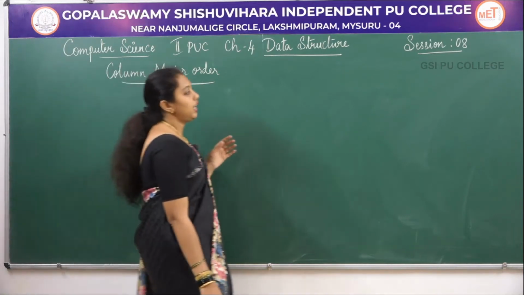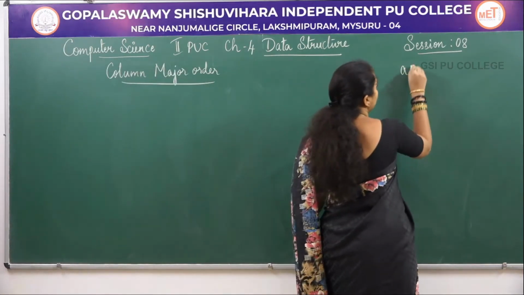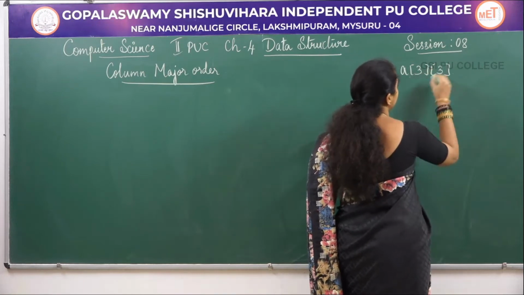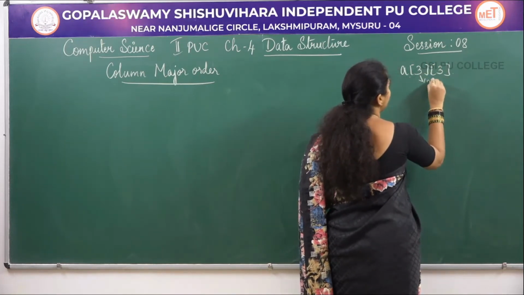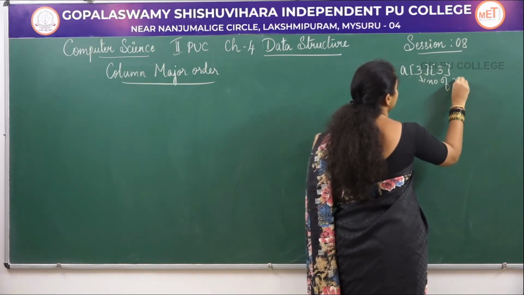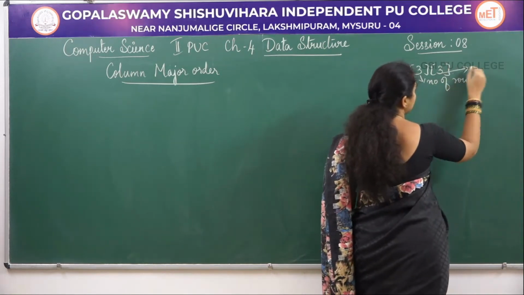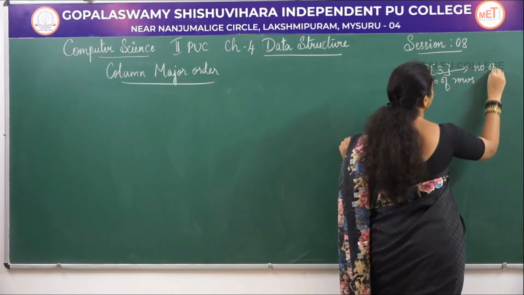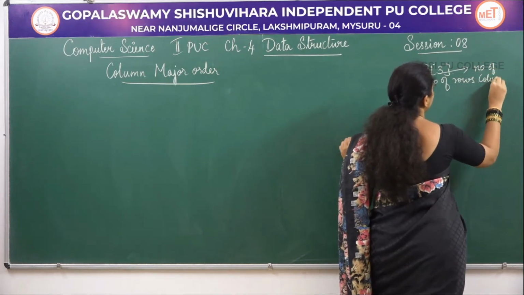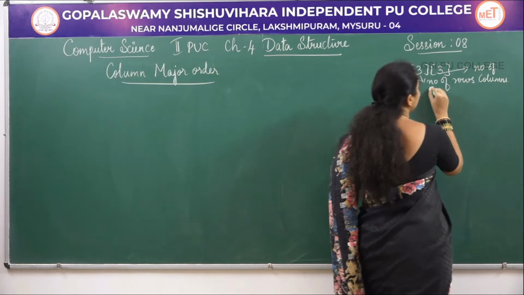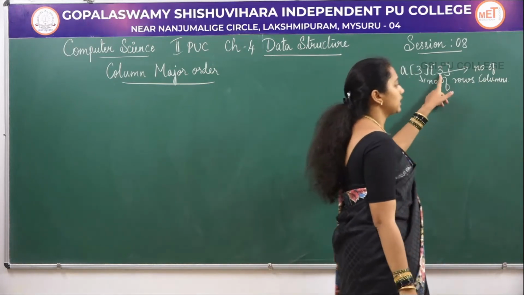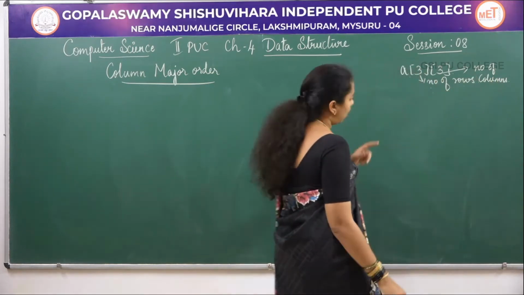So consider an array A of 3 cross 3. So this is the number of rows and this represents the number of columns. The first index represents the number of rows and the second index represents the number of columns.